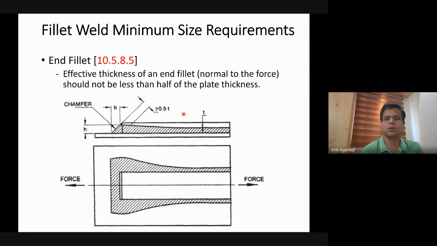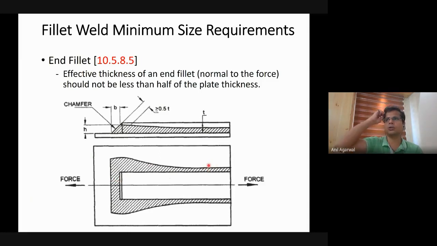Maybe on the sides you may have a smaller weld, but towards the end, the weld should be at least this big. And if this weld is bigger and equal sized, its projection on the horizontal surface will be larger here, whereas this weld can be of a smaller size.